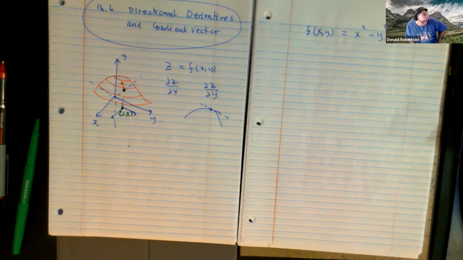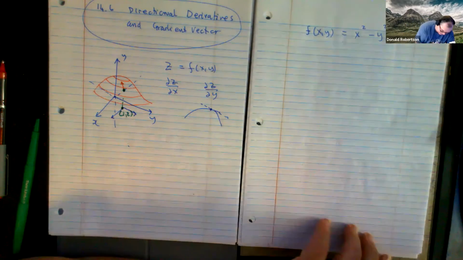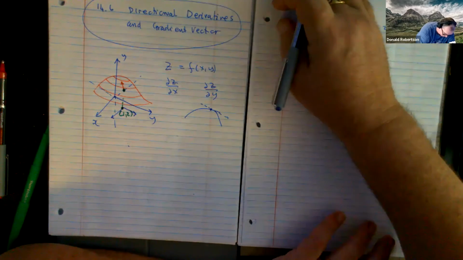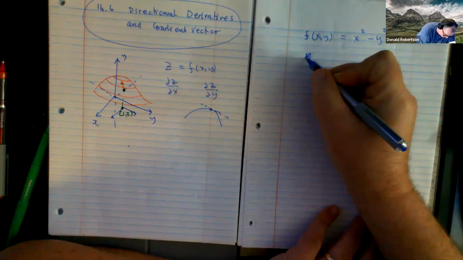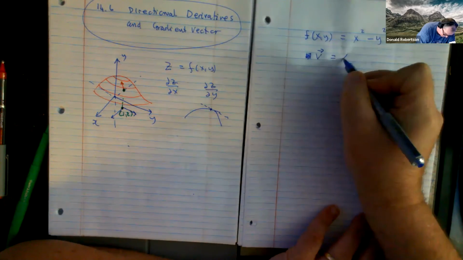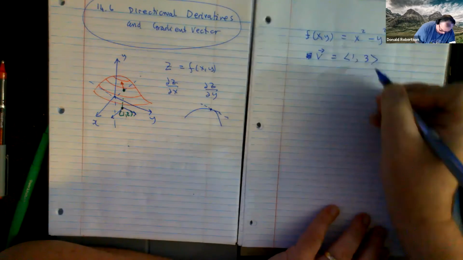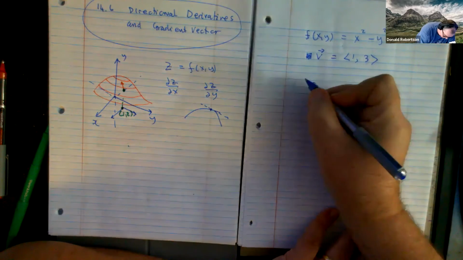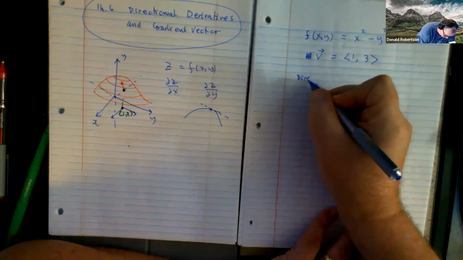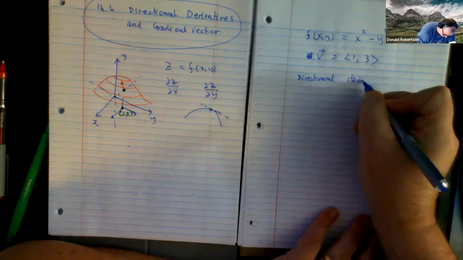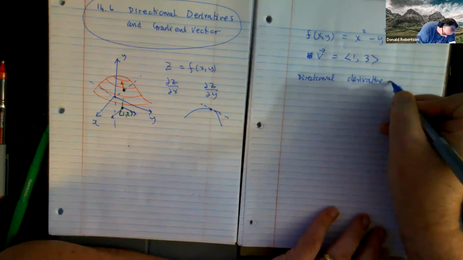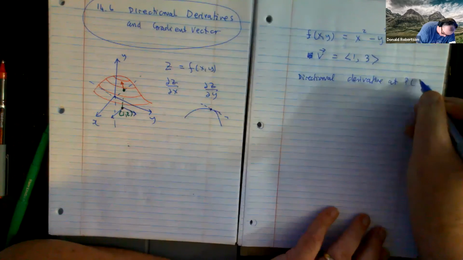So far, so good. And let's suppose we're interested in a directional derivative in the direction (1, 3), and we would like to get the directional derivative at the point (1, 4).